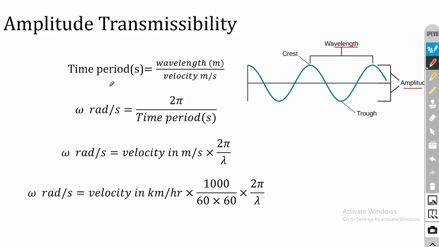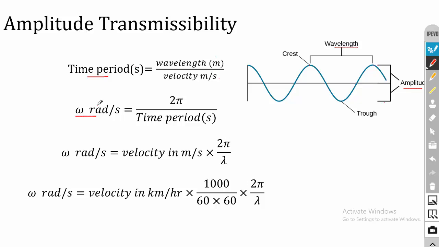The equation for time period is wavelength divided by velocity in meter per second. If you substitute wavelength in meter and velocity in meter per second, then you will get the time period in second.